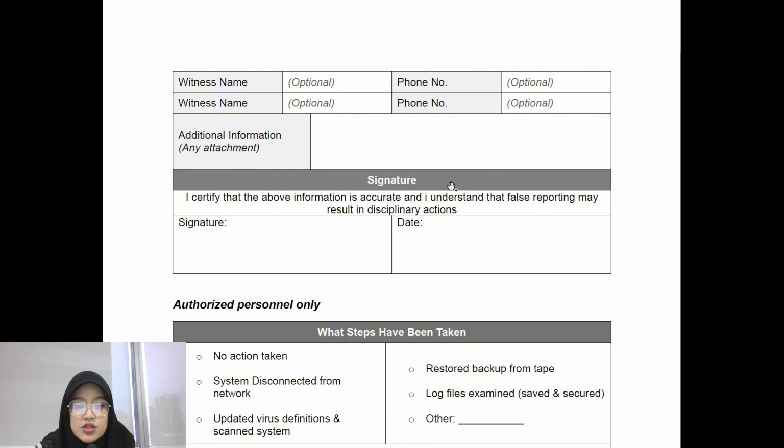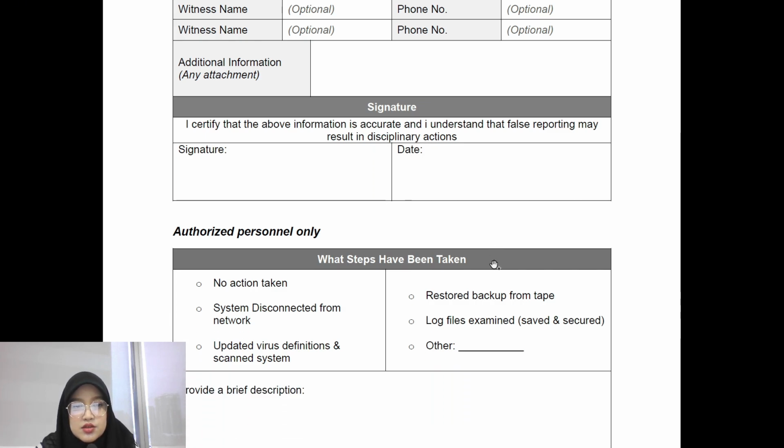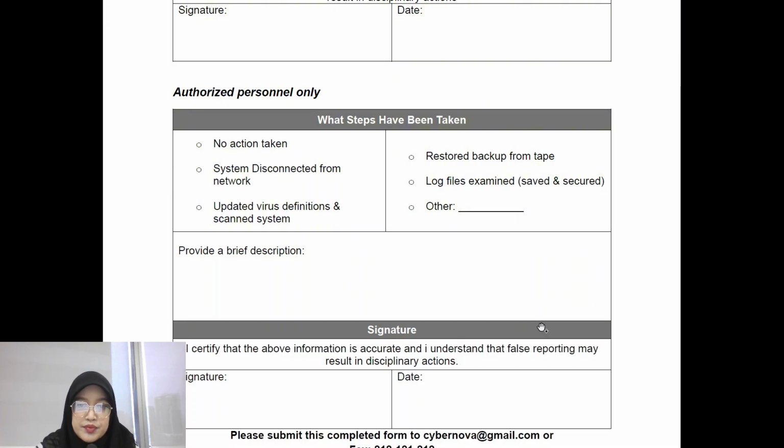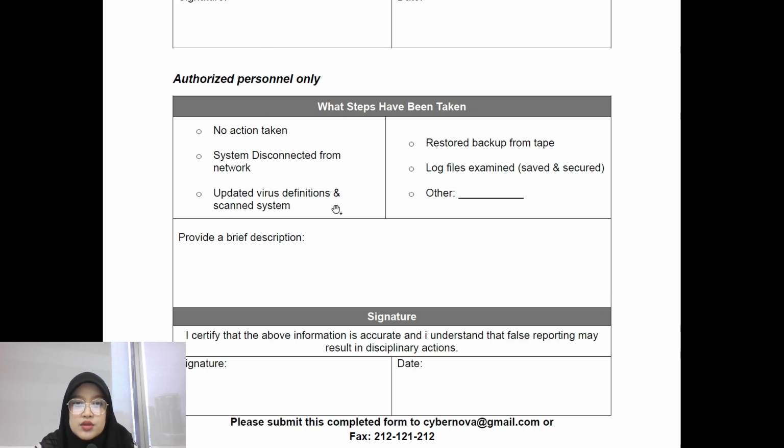The next one is signature. Signature for the employee. This also has a confirmation, to certify that the employee filled in the information accurately. Also signature and date. And this part is for authorized personnel only, for the IT department only, for confirmation from them to take the incident.